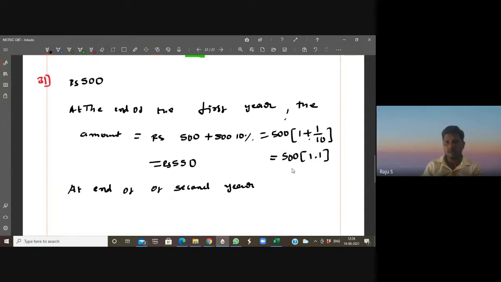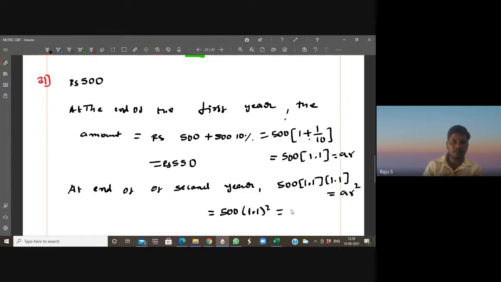At the end of the second year, we can write it as 500 into 1.1 into 1.1. Shall we write like this? Because this is AR square, R is nothing but 1.1. So this is equal to 500 into 1.1 whole square, which becomes 605 rupees.